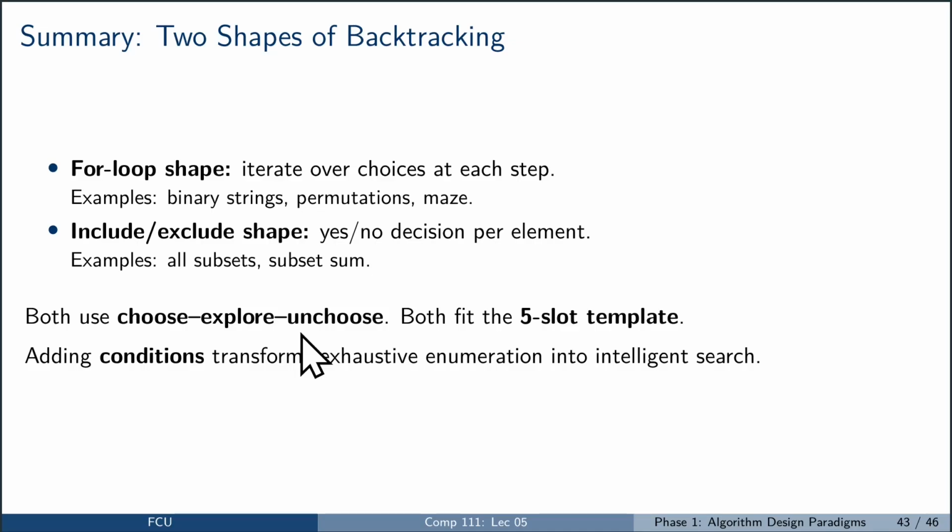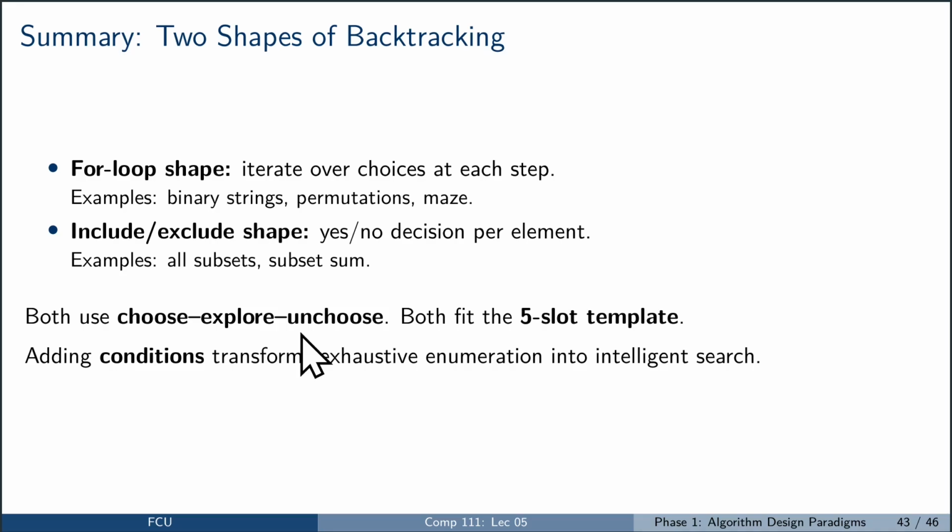And here's the big picture. There are 2 variants, or shapes, of these backtracking algorithms that we saw in this lecture. The for loop variant iterates over choices, and the examples were binary strings, permutations, and the maze example that we saw.